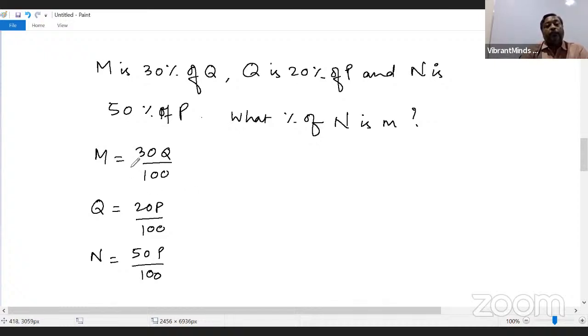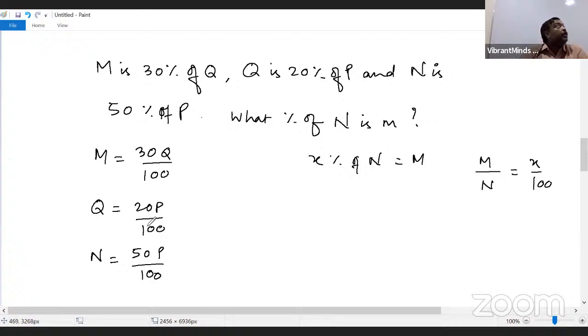So, what percent of N is M? What we have to do is we have to find, let's say X% of N is equal to M. So if we have M by N, this will be X upon 100. So let's go to it.